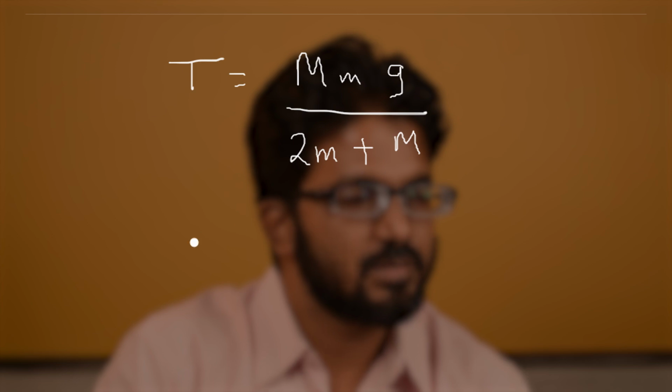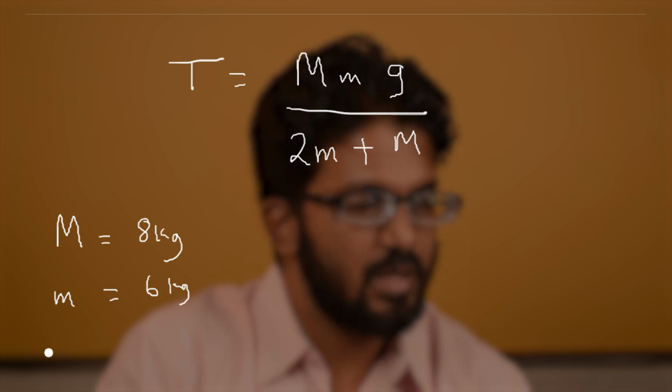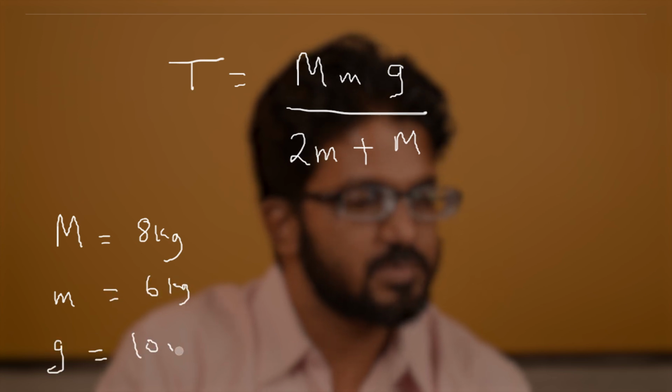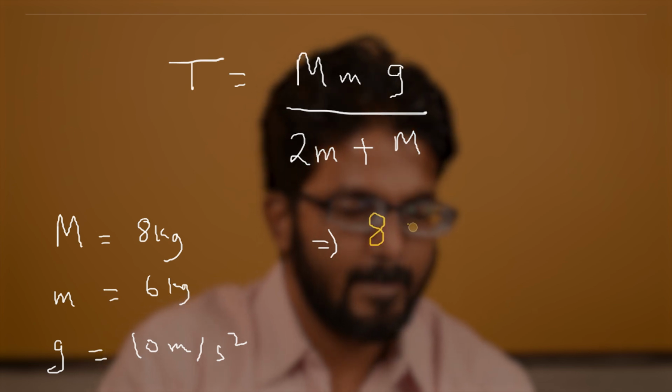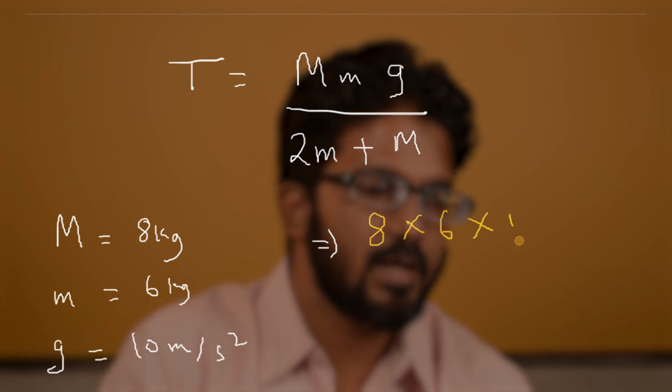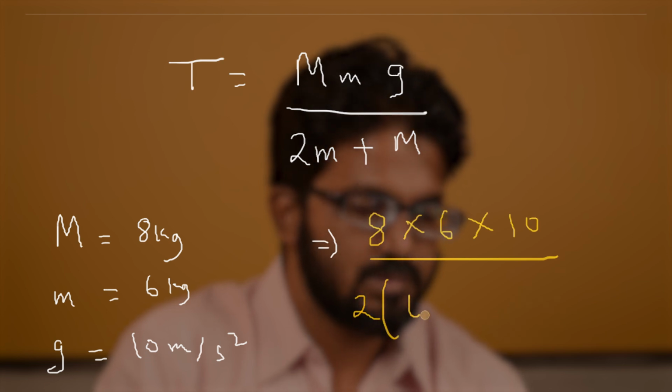Solving this, given that the mass of the disk is 8 kg, the mass of the block is 6 kg, and g we can take as 10 meters per second squared, we can solve this equation as 8 times 6 times 10 upon 2 times 6 plus 8.